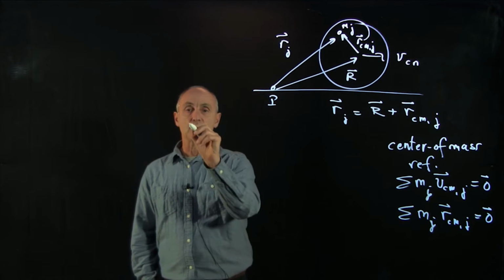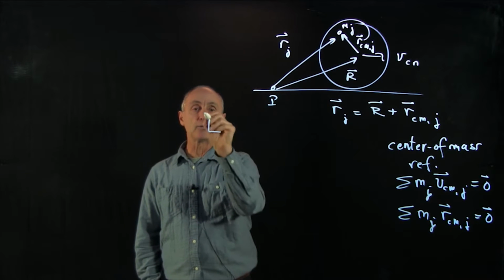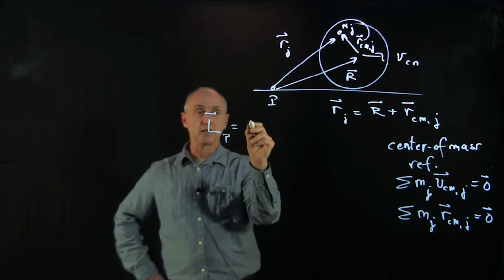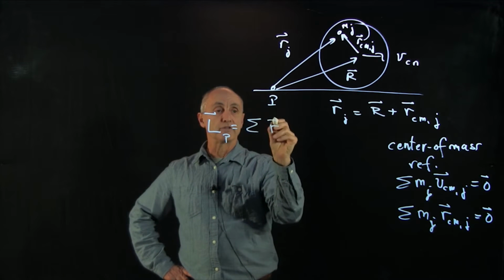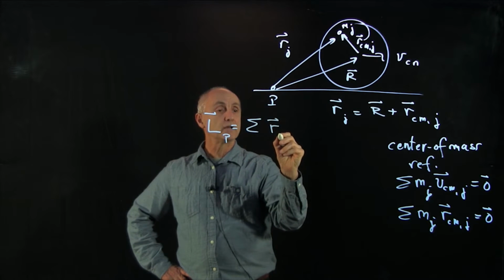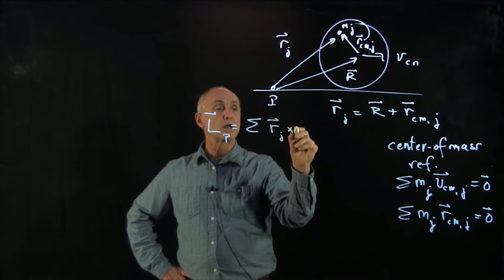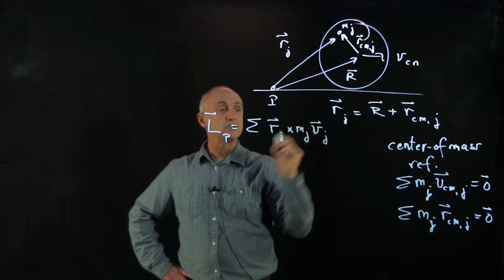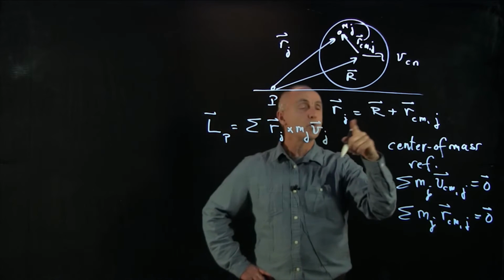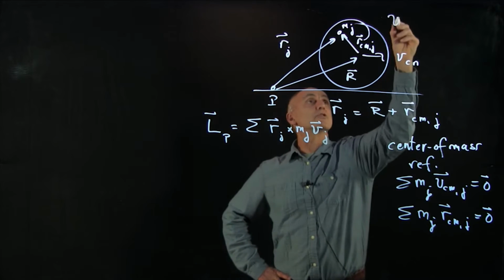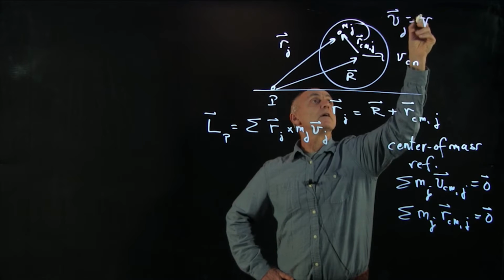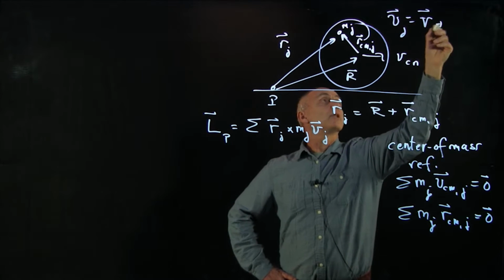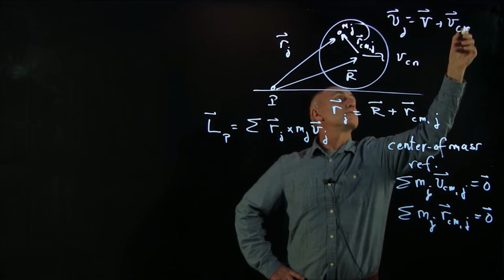So recall that angular momentum about a point is the sum of the vector from the point cross mj times the velocity vj. Now, we can also use our law of addition of velocities. Vj is V plus vcmj.